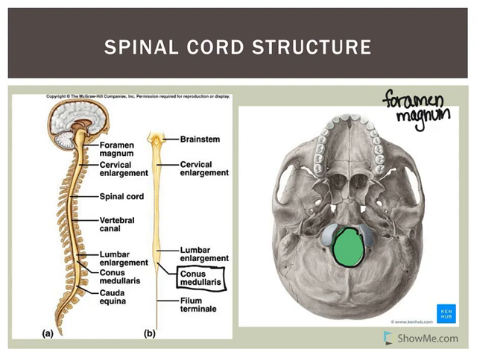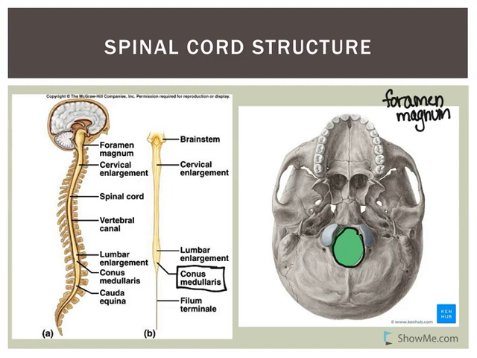In an adult it corresponds to between the first and second lumbar vertebra. It's going to be different in a child, but in an adult it corresponds to between the first and second lumbar vertebra.